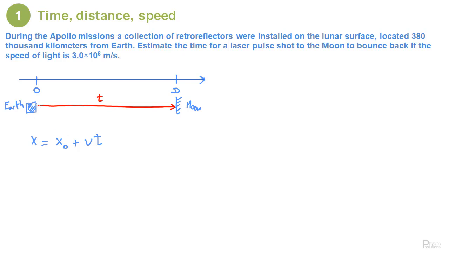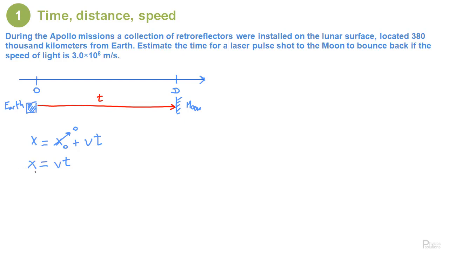The object in our case is just light, the beam of light. It starts from Earth, where we have selected the origin to be. So this is not a coincidence, this is in fact a choice. We have chosen the origin of the coordinate system to be on Earth so that this term here goes away. It's just 0. The initial coordinate is 0. And this is v times t.